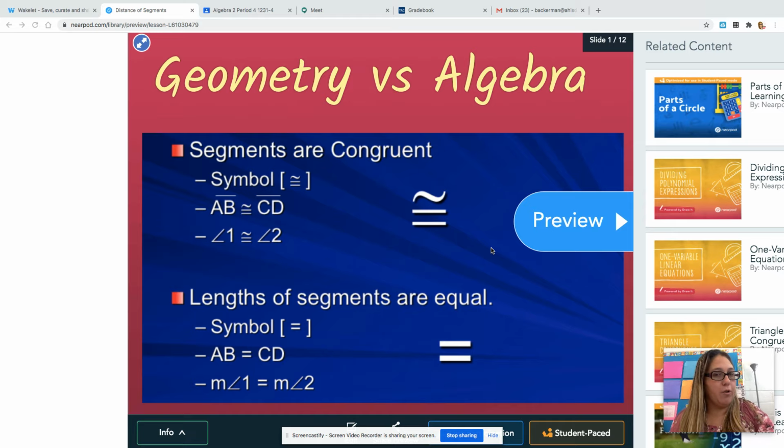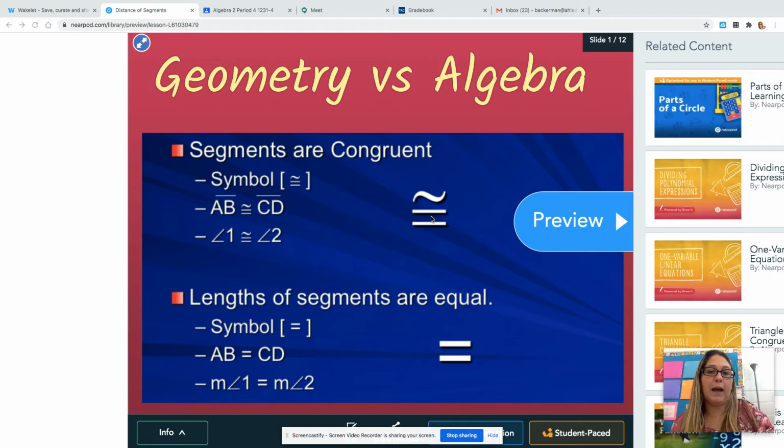What I wanted to show you first is geometry versus algebra when we're talking about symbols. And so if we're talking about two line segments and we're just talking about them, so we're saying like line segment AB and line segment CD, if they're congruent, it means they're equal, right? But in geometry, we use this symbol congruent on top.